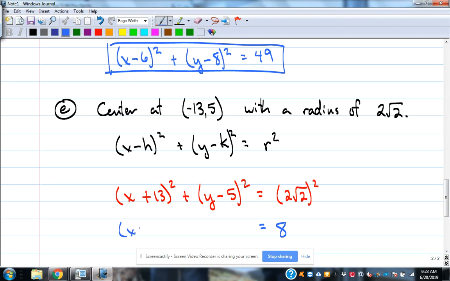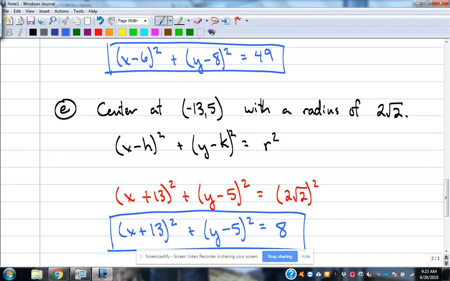And the rest of it is the same. So don't overthink this. It really is just straightforward. We're not asking you to do incredibly crazy things with equations of circles.